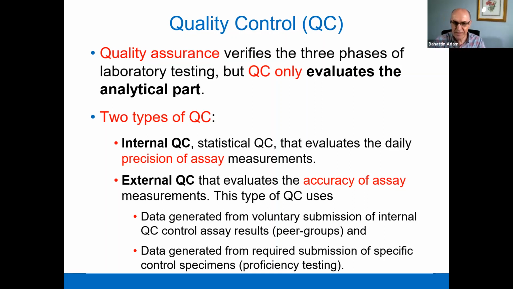As I said, if you participate in the proficiency testing, you will receive a sample periodically, and you will measure these samples with your instruments and send to the agencies, okay?